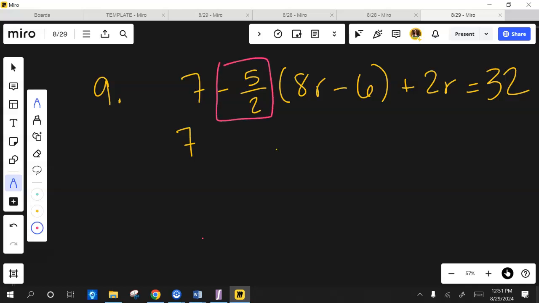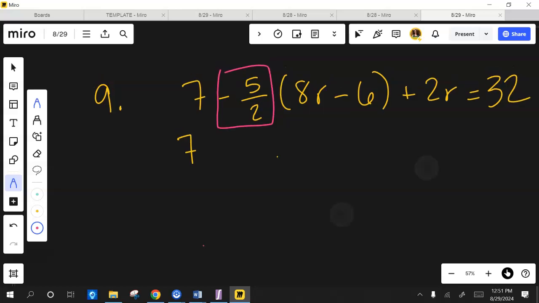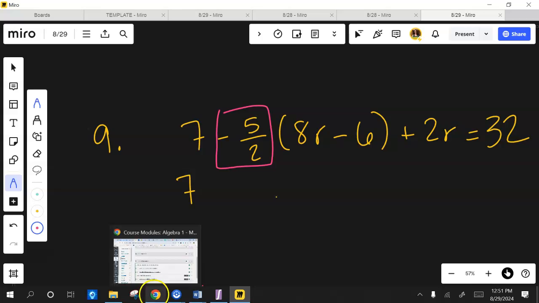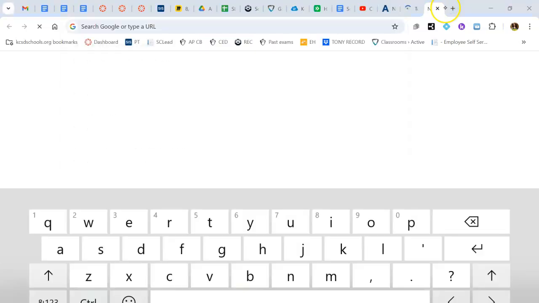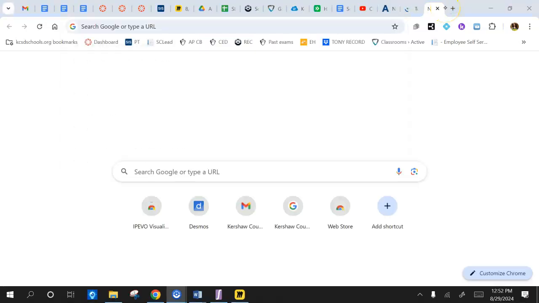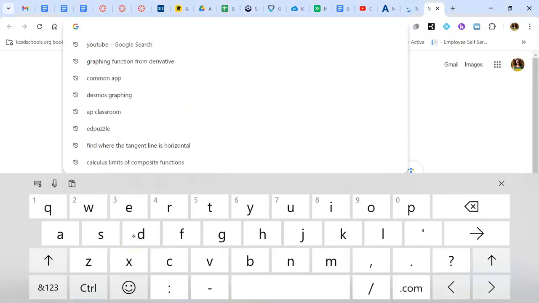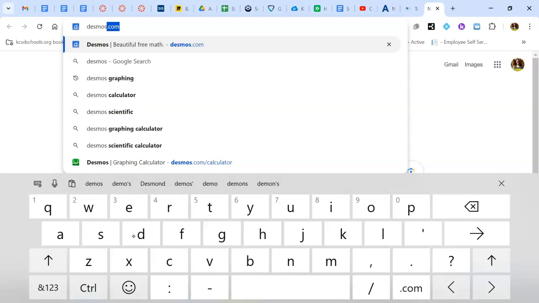Take out your calculator. We're going to put this in the calculator, okay? Y'all ready? It is not blocked. Don't go to the calculator.